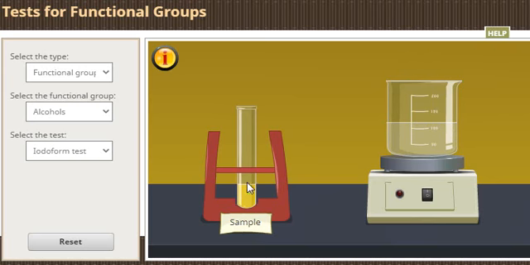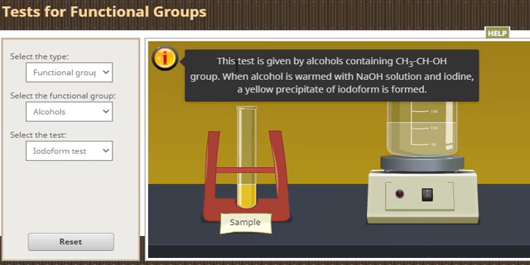Now what happened? We get the yellow precipitate, and the yellow precipitate proves the presence of the alcoholic group. Now why does the yellow precipitate form?